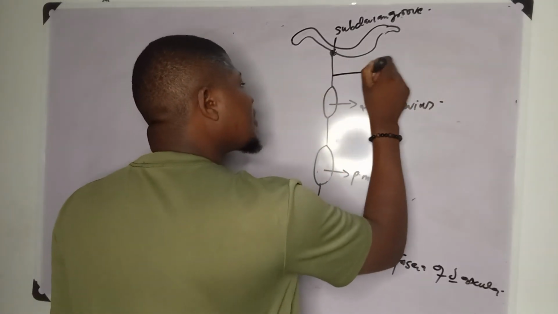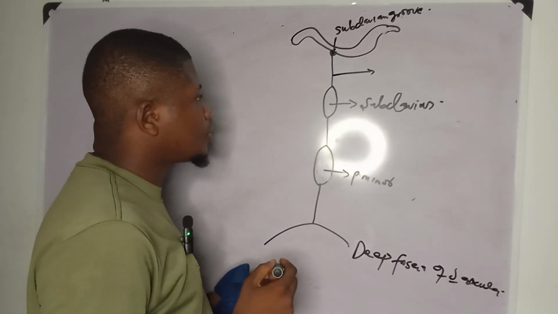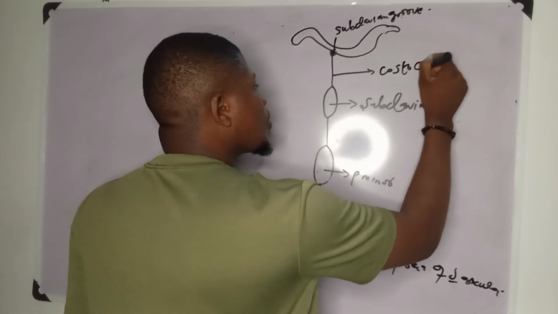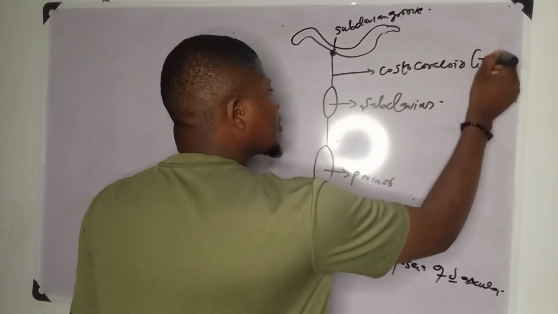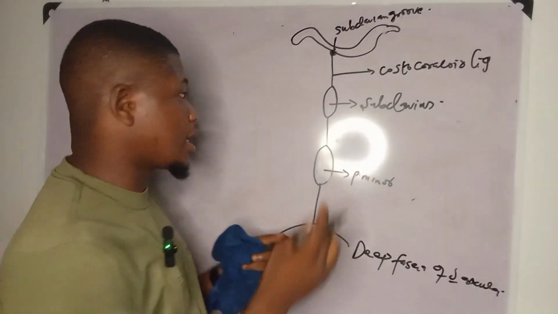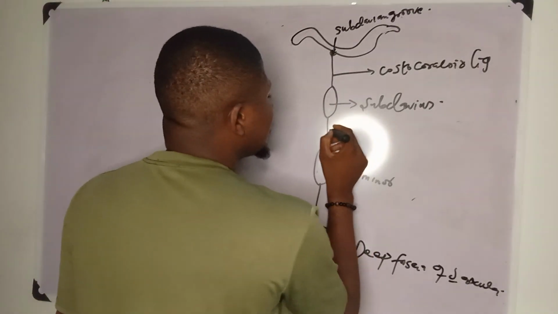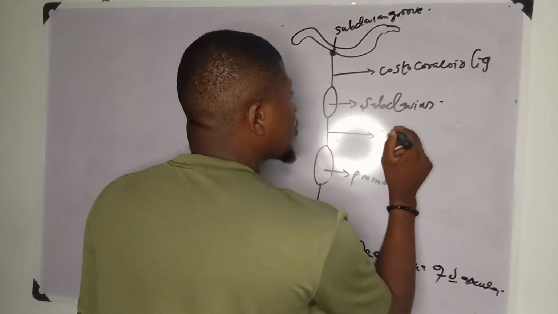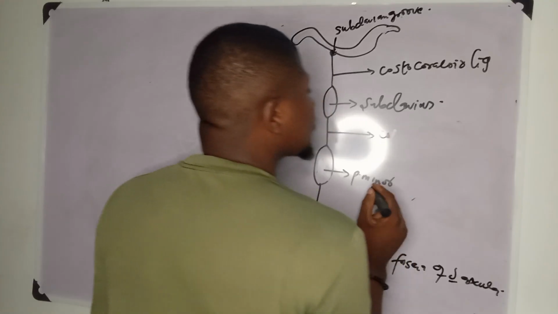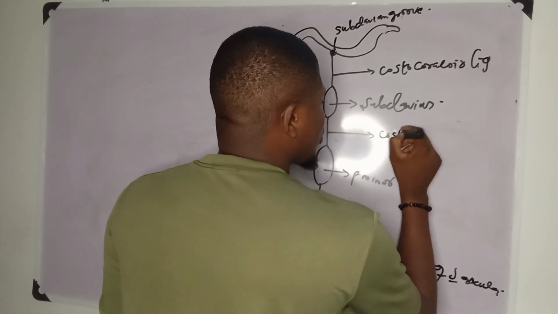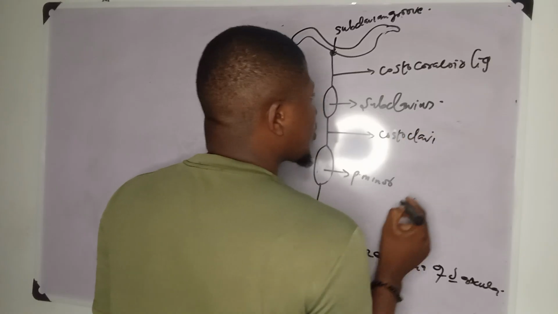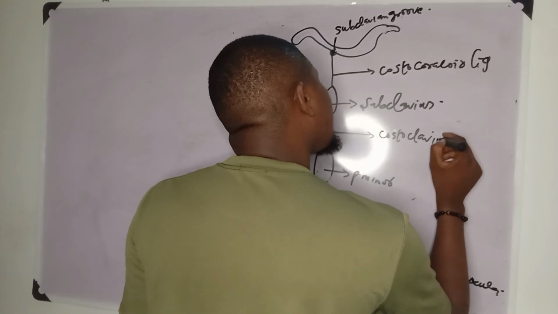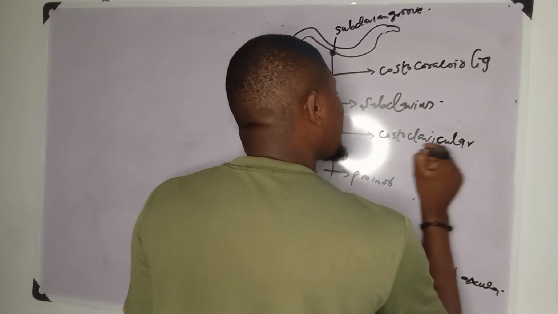This first part, between the subclavian groove and subclavius, is called the costocoracoid ligament. The part between subclavius and pectoralis minor is called the costoclavicular membrane.